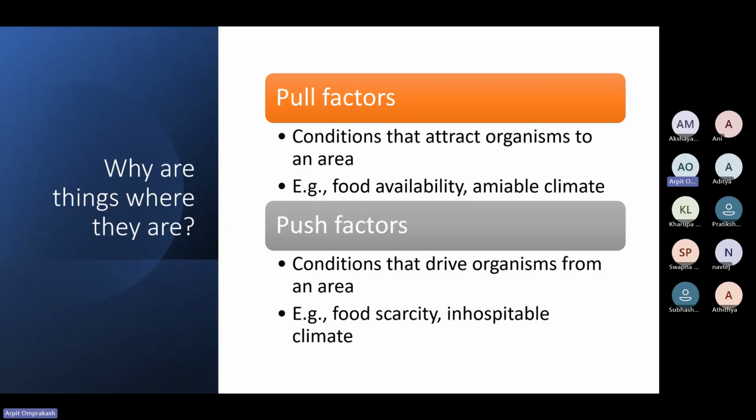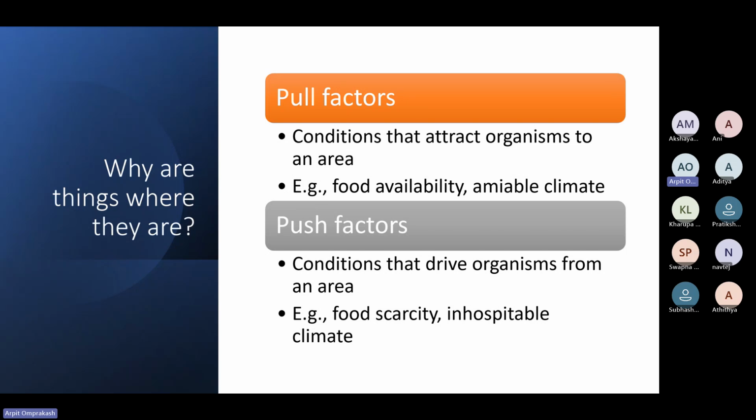Some examples of pull factors can be an amicable climate. So basically, the climate is within the optimal functioning range of the organism, or it's at a perfect temperature close to its body temperature, so it does not have to use a lot of energy to maintain its body temperature.